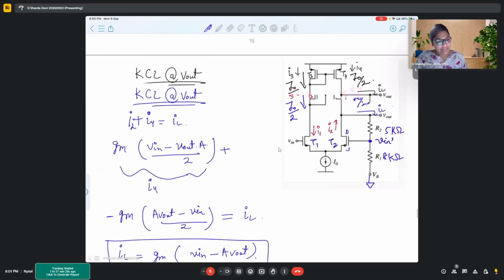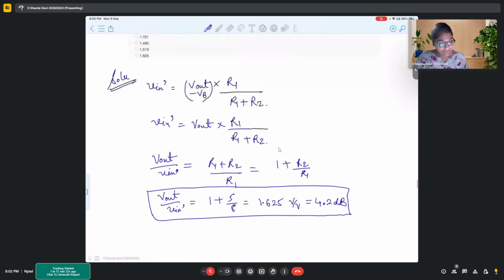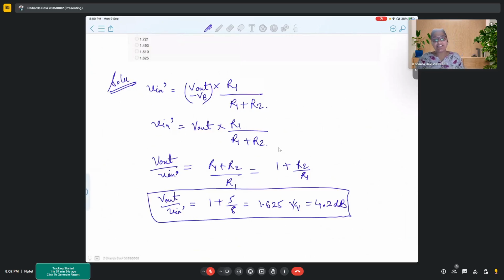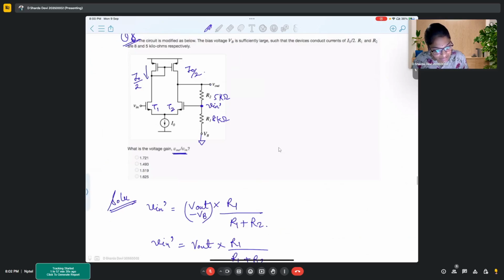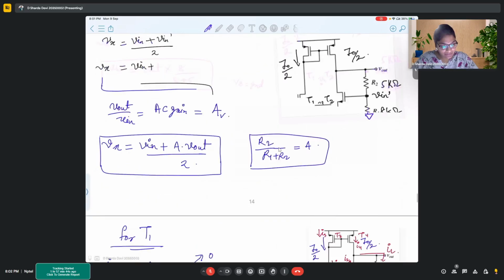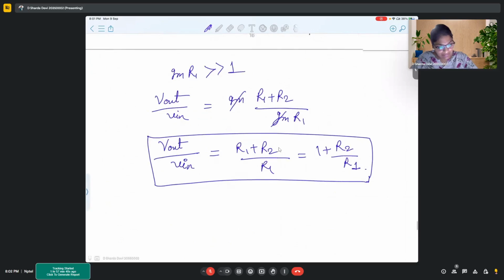So by shortcut, luckily we got V out by V in dash as 1 plus R2 by R1. But in the question, what was asked was V out by V in. So actually what you had to find out was this particular value. You see this final expression.